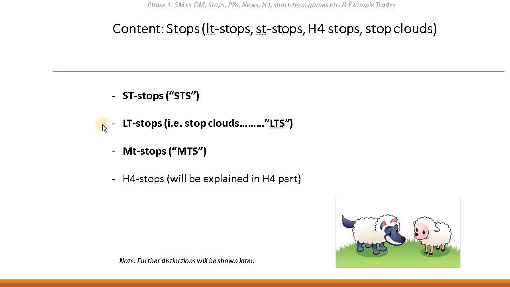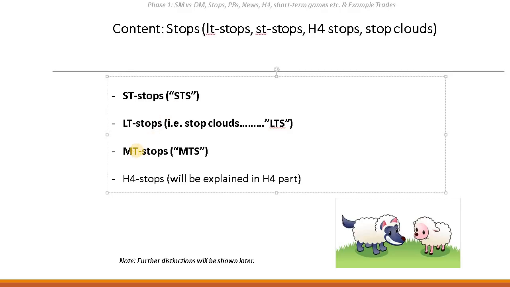They will not just do big moves to get close to those kind of accumulations. And in particular, I draw your attention to the medium-term stops. These accumulations show very well what the general targets are, what the smart money will do next, etc.